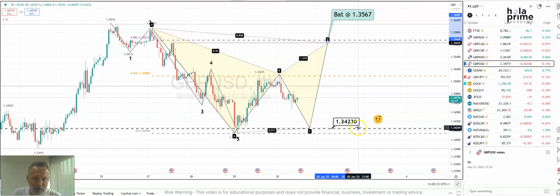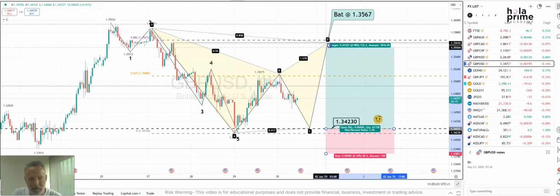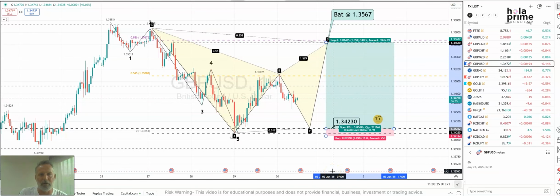What I really wanted to do was get long around 134.23. I don't think that's going to happen. If I did get long around there, then it really does give great risk reward setups.